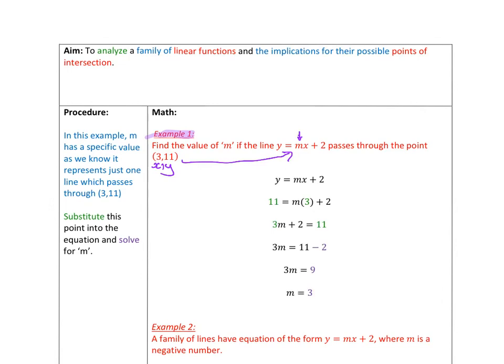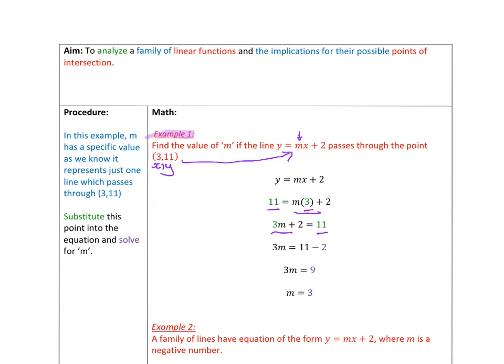So when you substitute, every time we see y we put 11, and where we see x we put 3. Then we end up with the equation. What they've done here is rearrange it, they've written this first and it still equals 11. They haven't changed it, they've just moved it around.